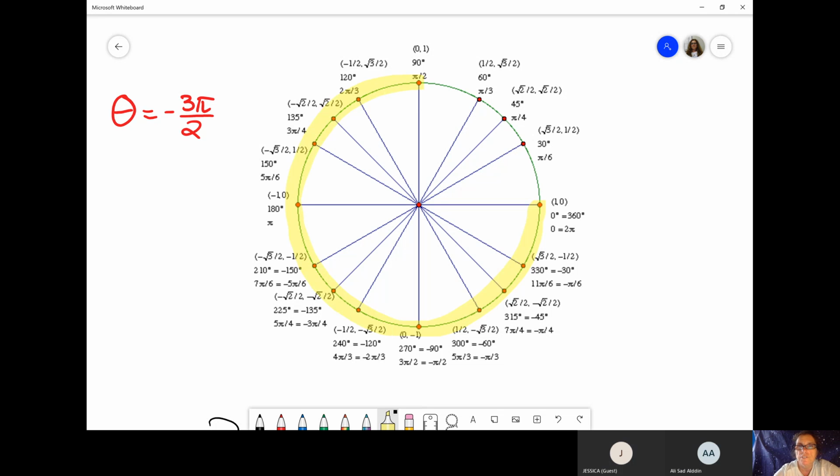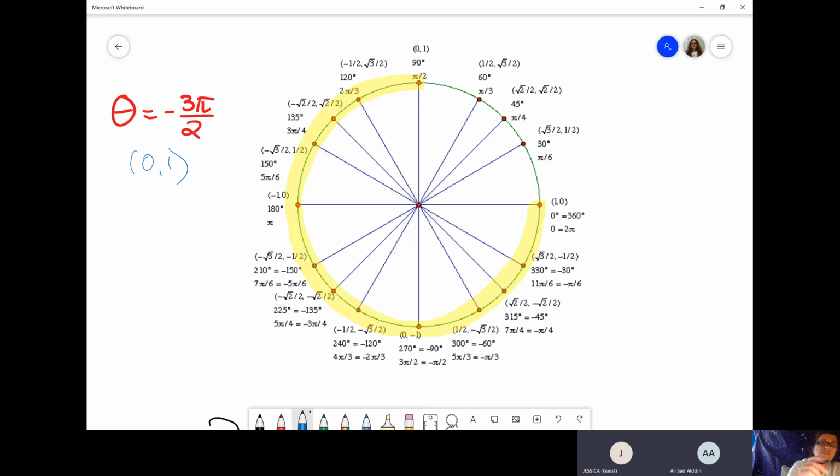The equivalent positive angle would be pi over 2. So the ordered pair is 0, 1 and not 0, -1. That was one mistake that I saw.